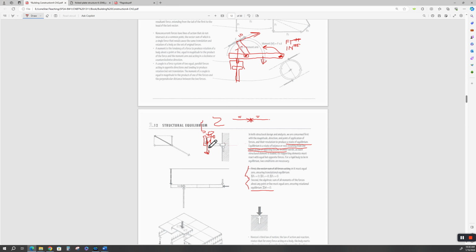So, if we have a force going this way and it makes it want to rotate in that direction, we have to have a resultant force resisting that, right? So these two rotations have to balance, okay? Now, taking the bolt off with that wrench up here, we don't want it to balance.